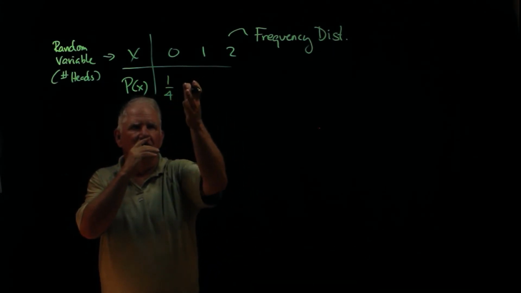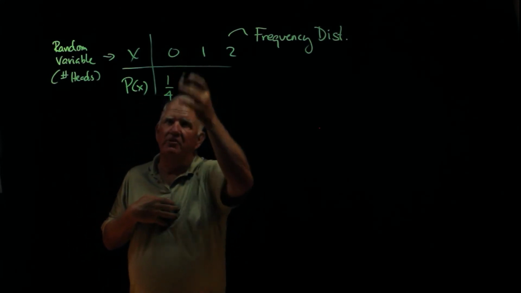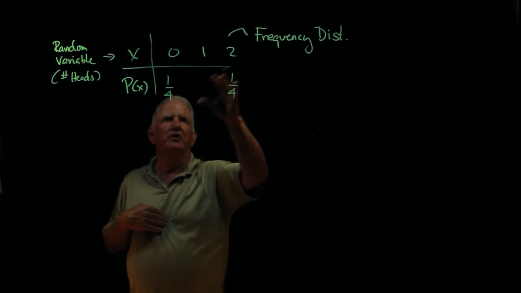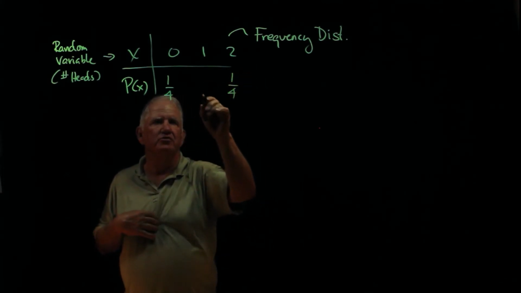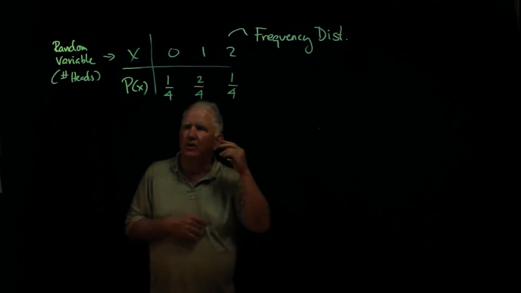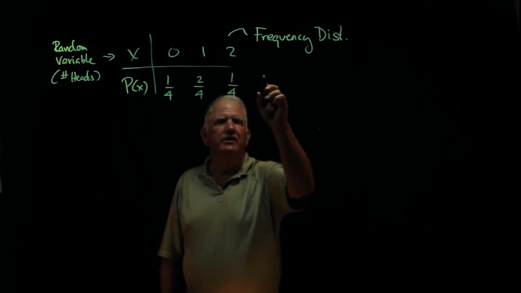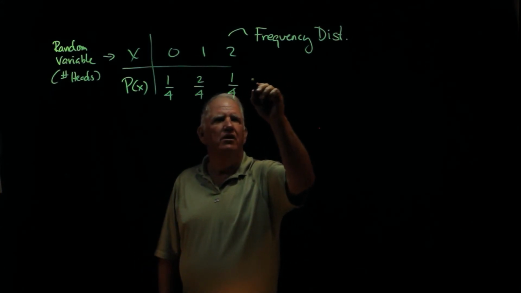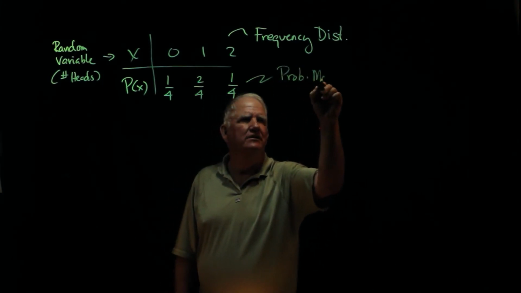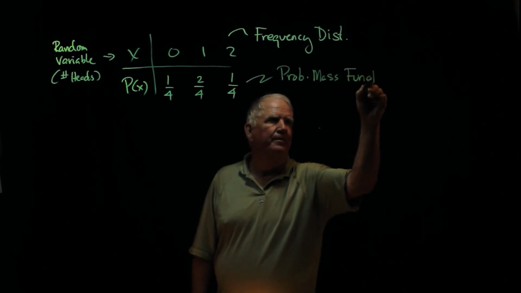Since there are 4 outcomes and only one way to get 0 heads, the probability of its occurrence is 1/4. Likewise, only one way to get 2 heads, probability of occurrence is 1/4. But 2 outcomes out of the 4 give you 1 head, so 1/2. There's the table. This is also called a probability mass distribution or function.